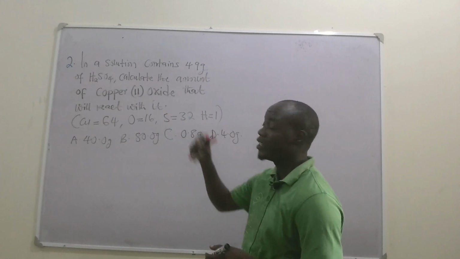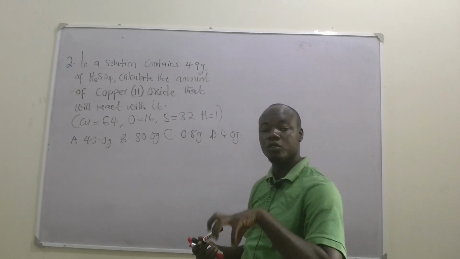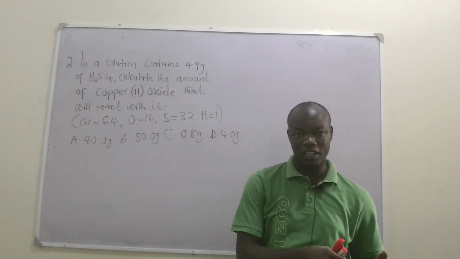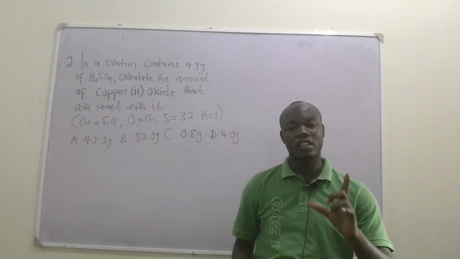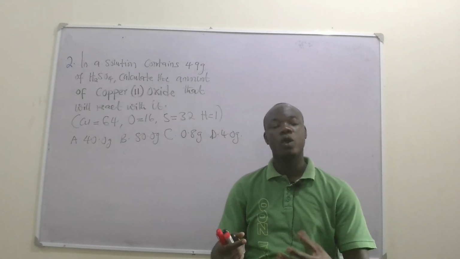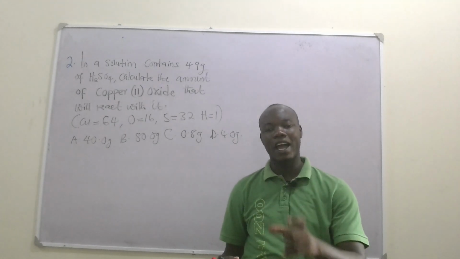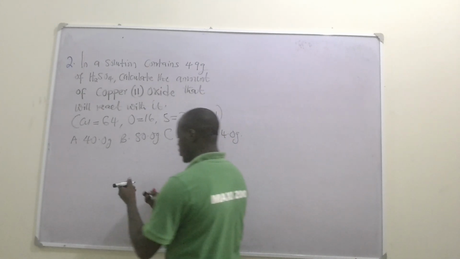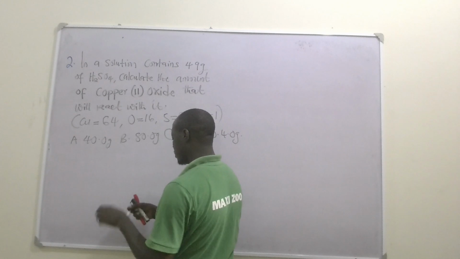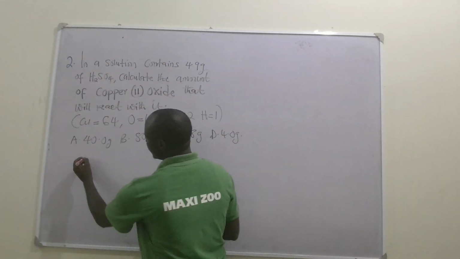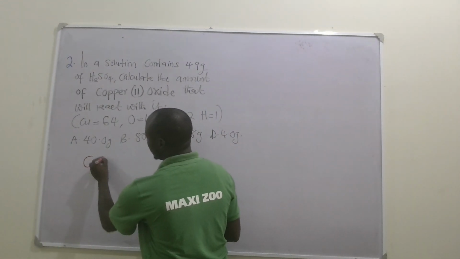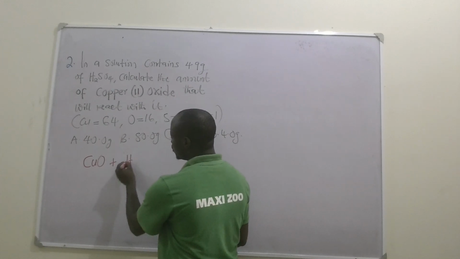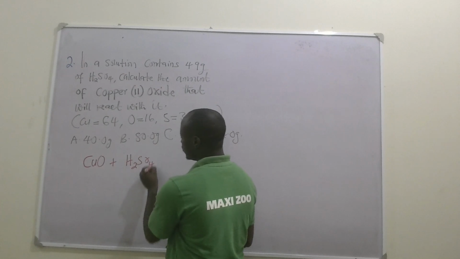So from this question, it means that sulfuric acid reacts with copper oxide. So we are now going to write the equation of the reaction on how copper(II) oxide reacts with sulfuric acid. We have copper oxide plus H2SO4.